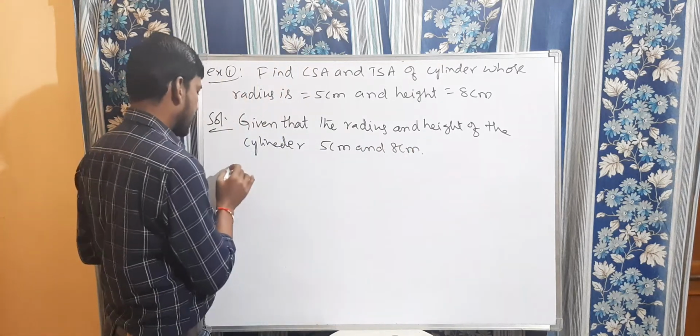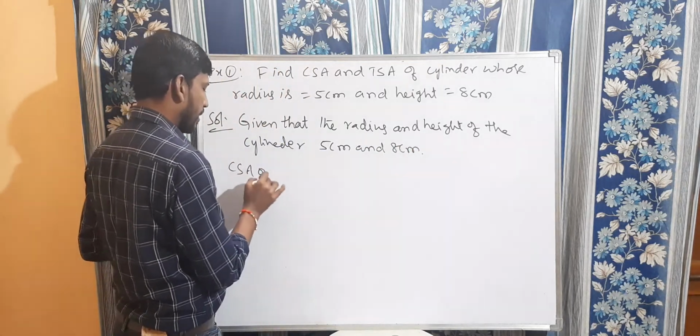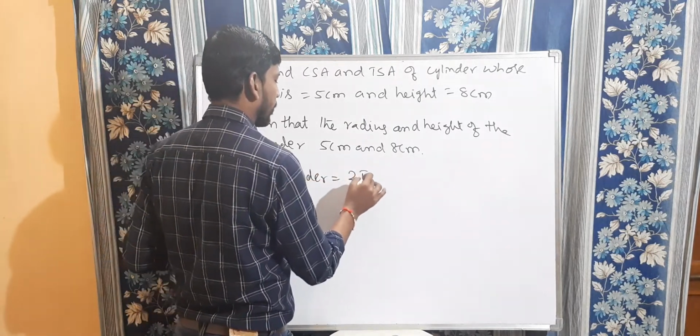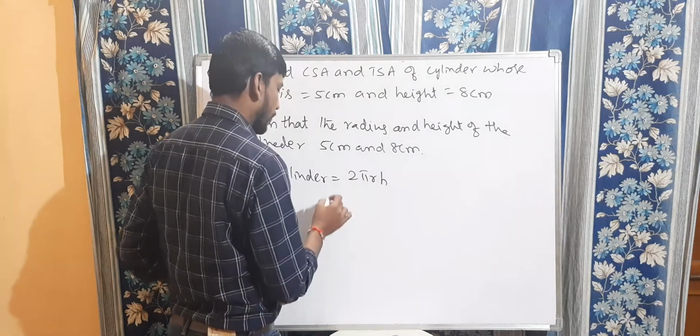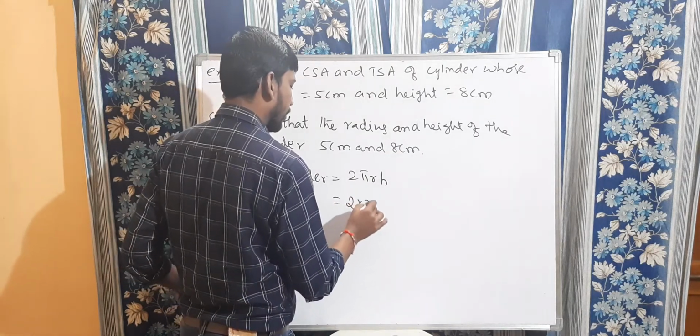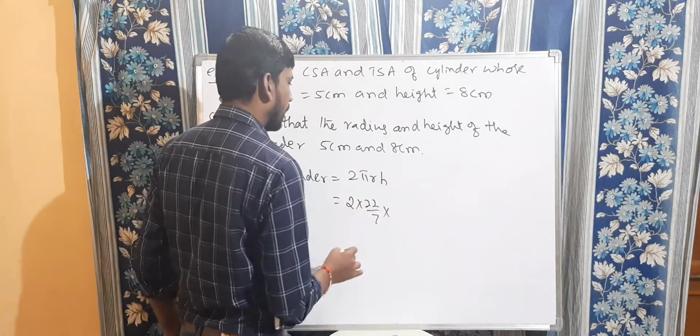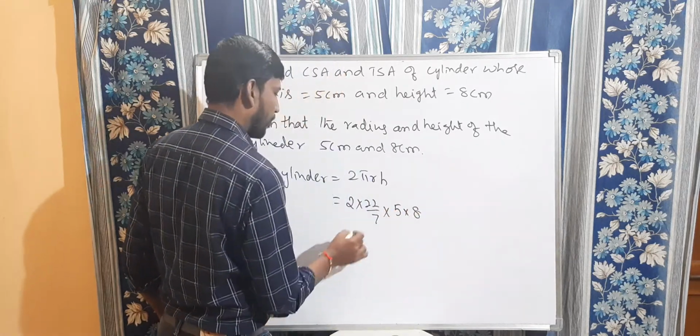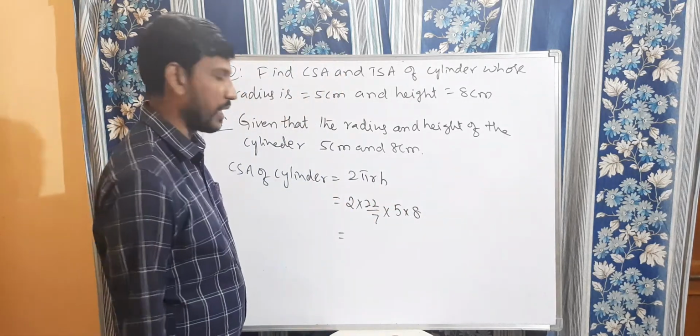Okay. Now CSA of cylinder, what is the formula? 2 pi r h, which is nothing but 2 into 22 by 7 into r, which is 5, into h equal to 8. Now multiply all those, divided by 7, we get the answer.